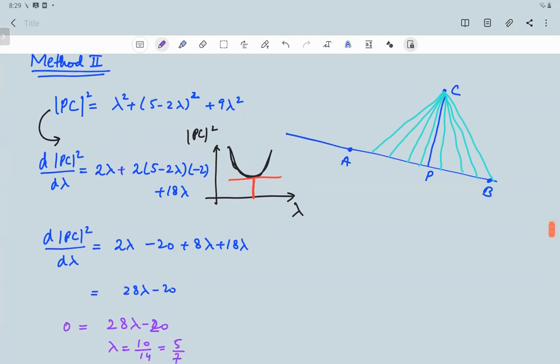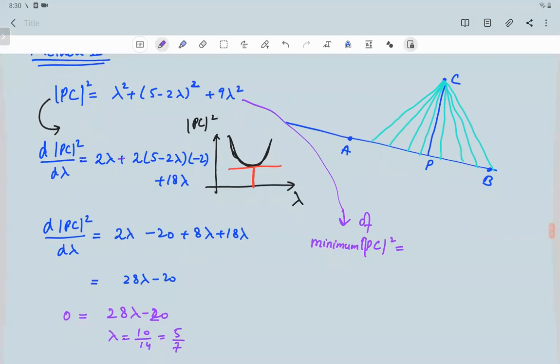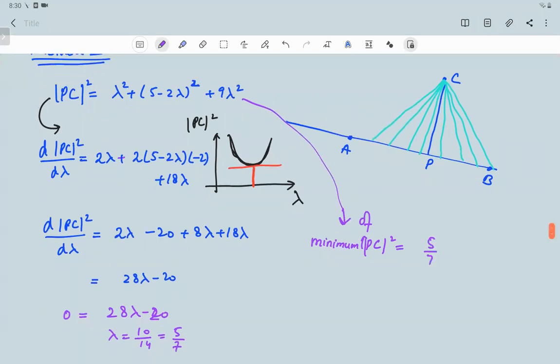So we will insert this value of lambda over here. This will give me the minimum value of PC square. PC square is equal to (5 by 7) square plus (5 minus 2 into 5 by 7) whole square plus 9 (5 by 7) square.